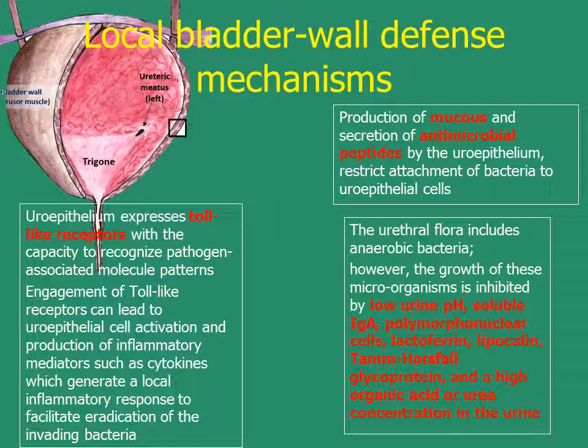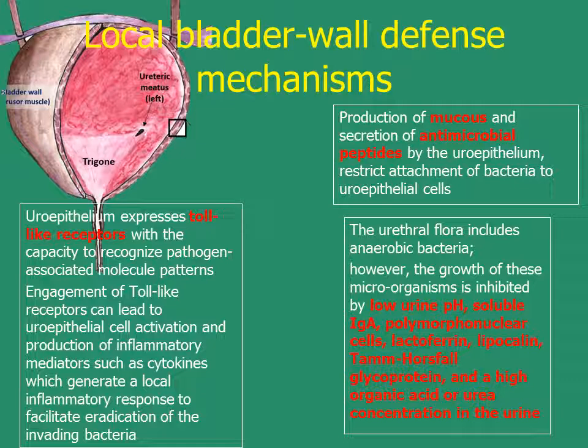Engagement of toll-like receptors can lead to uroepithelial cell activation and production of inflammatory mediators such as cytokines, which generate a local inflammatory response to facilitate eradication of the invading bacteria. Regular voiding with the antegrade flow of urine and complete bladder emptying minimize the opportunity for attachment.